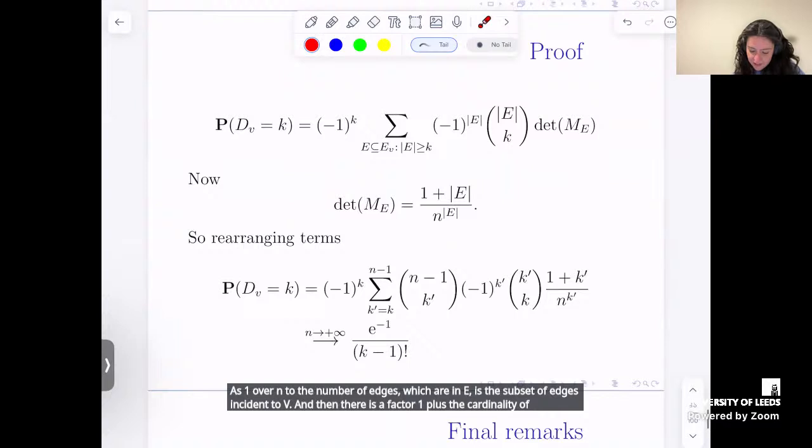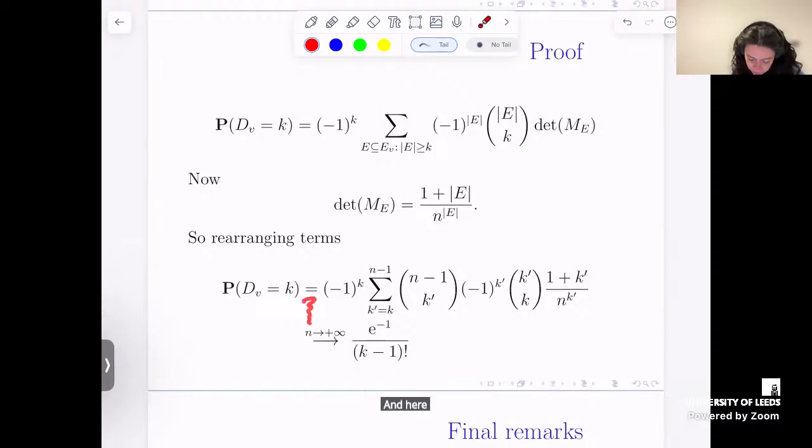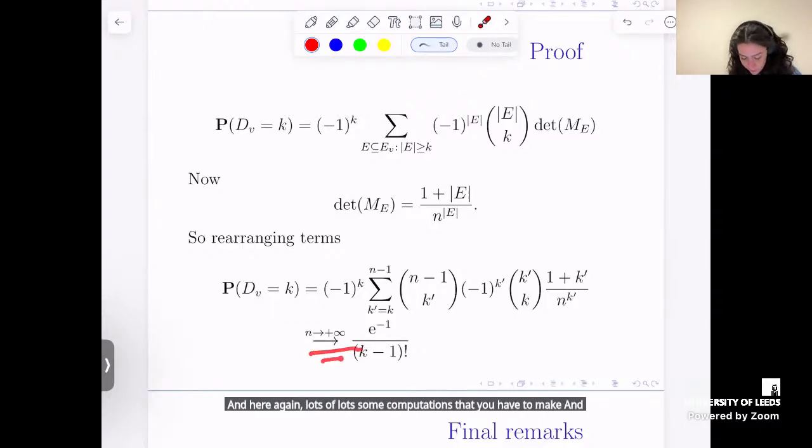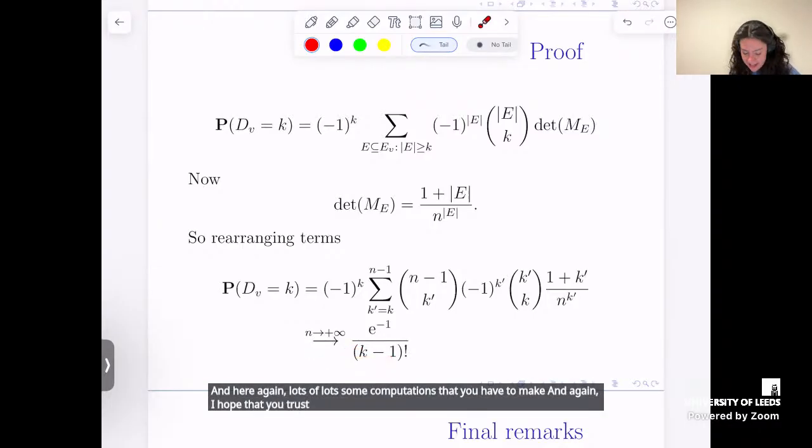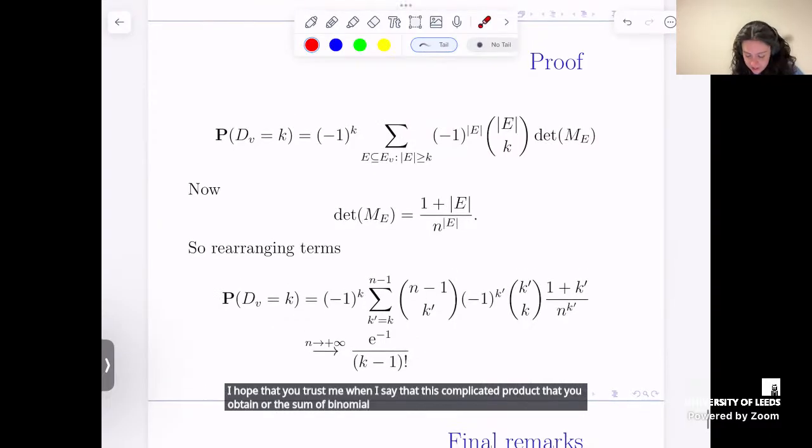You plug this into Alan's expression, and here again, there are lots of computations that you have to make. And again, I hope that you trust me when I say that this complicated product that you obtain with the sum of binomial coefficients is actually converging to the right quantity that you were hoping for.